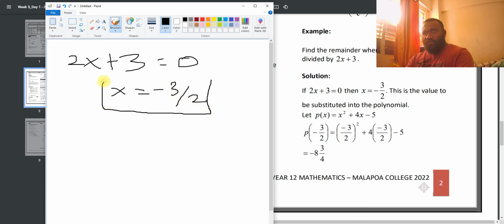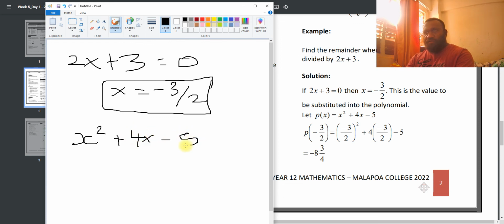Now, knowing your x to be negative 3 on 2, we substitute that into the polynomial x squared plus 4x minus 5.